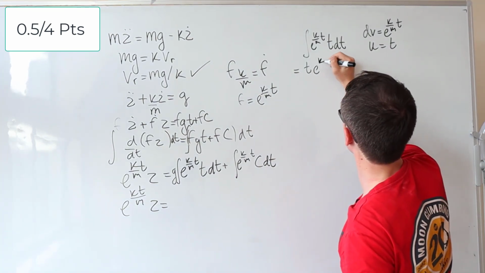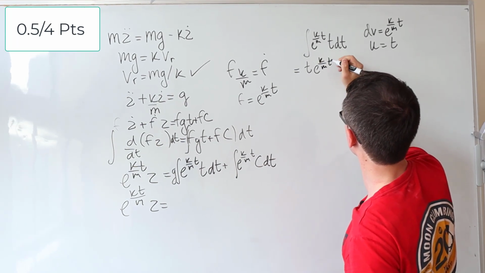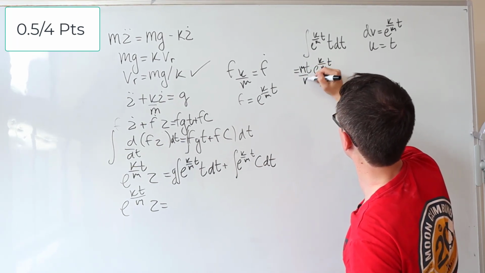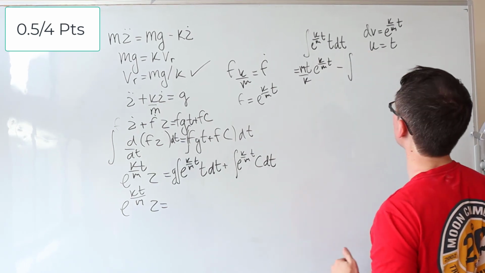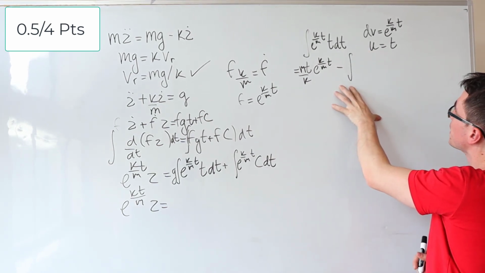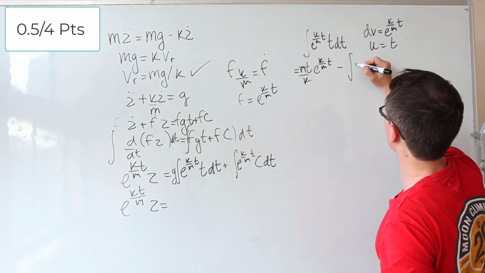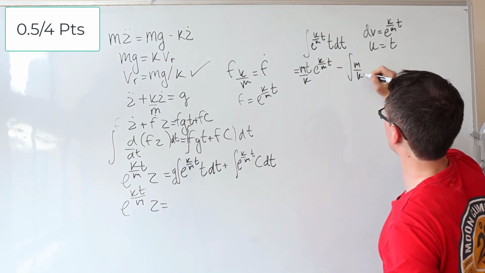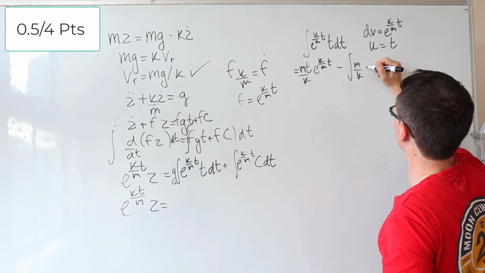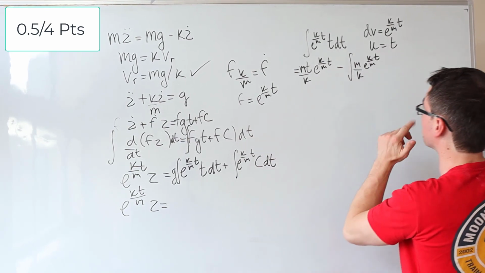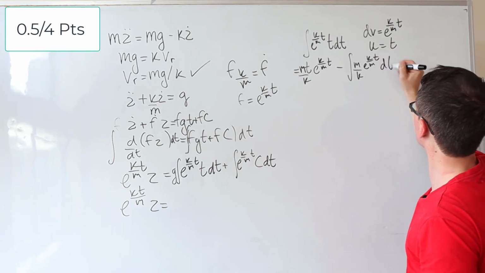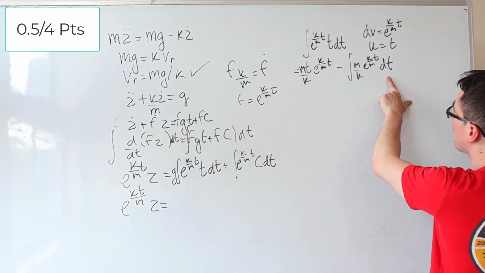So what is that? E to the k over m t multiplied by m over k. And then from that, we're going to take away the integral of v du. So what is that going to give me? M over k e to the k over m t, and du will just be given by dt.